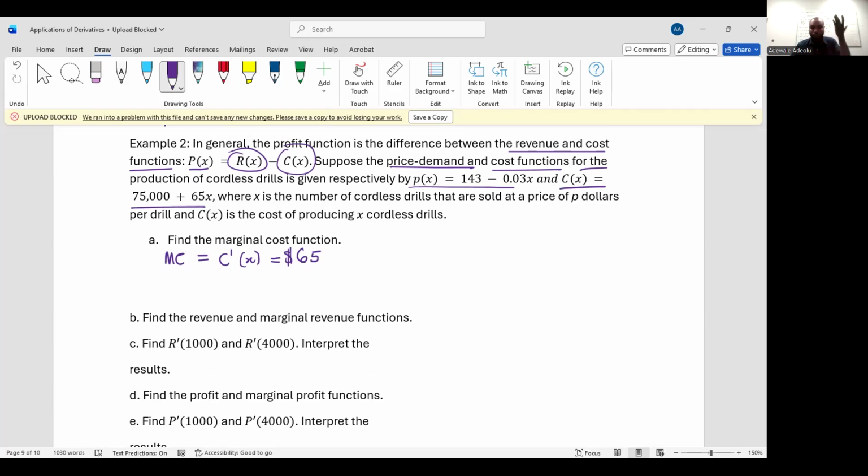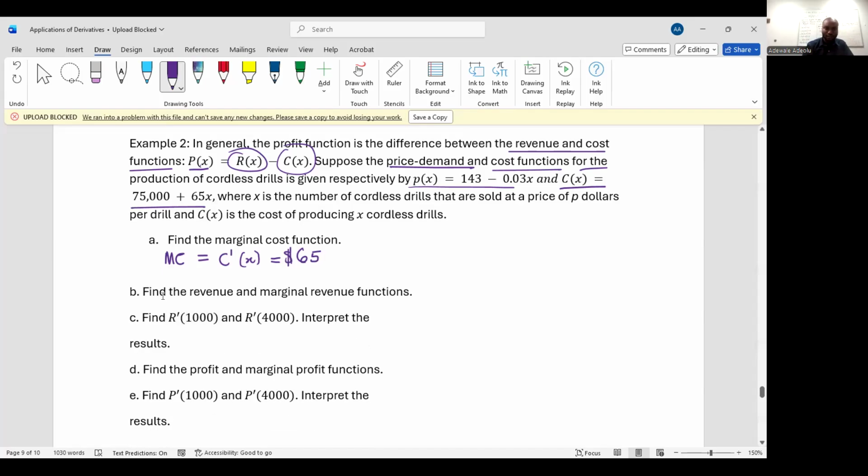It means it costs $65 to make an additional one item. Okay, that is that.